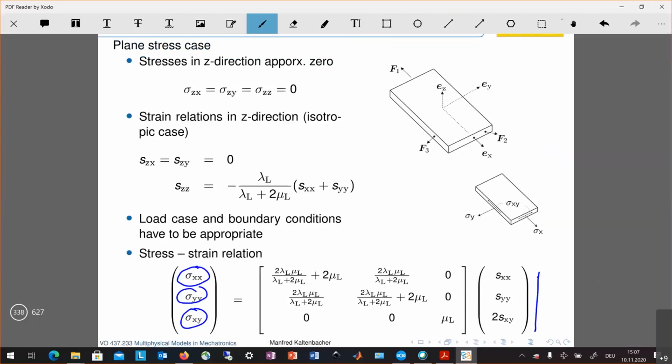And you see that now the entries are somehow different within our elasticity tensor, this 3x3 matrix, and that is according to this relation here, because we have a normal strain in Z direction being expressed by the normal strain in X and in Y direction. On the other hand, again, we just have 3 stresses and 3 strains to be computed.